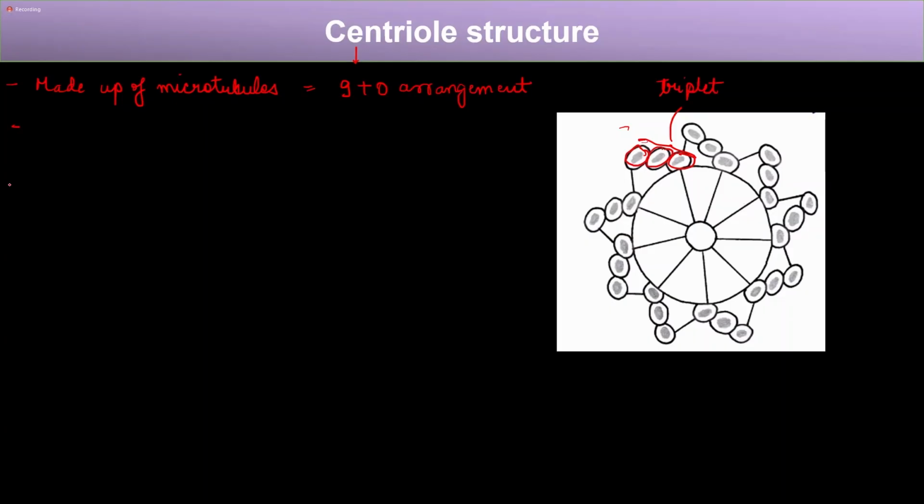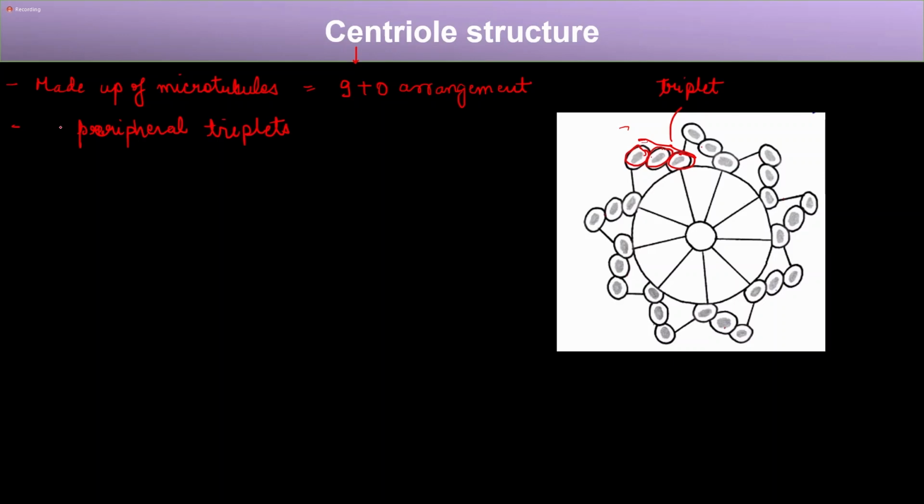So what does it consist of? Triplets. And these triplets are present at the periphery or at the side edges, so it comprises peripheral triplets. Now, how many peripheral triplets are there? If you count 1, 2, 3, 4, 5, 6, 7, 8, 9.